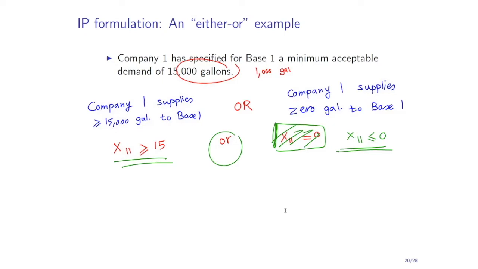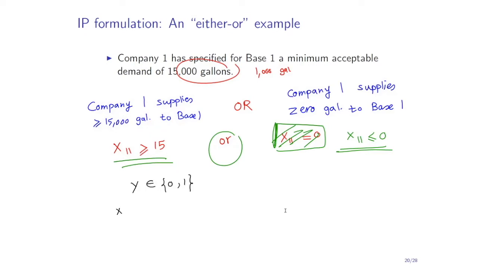So I want to switch between them, like what I explained about the sets A and B in the previous example. Now I have two constraints and I want to introduce a binary variable to switch between them. So I introduce a variable y, a binary variable.